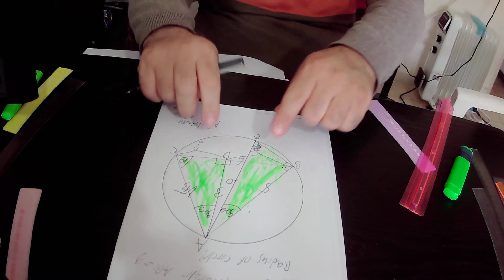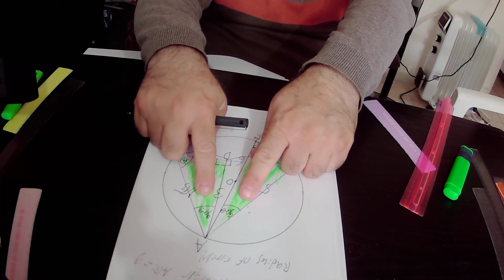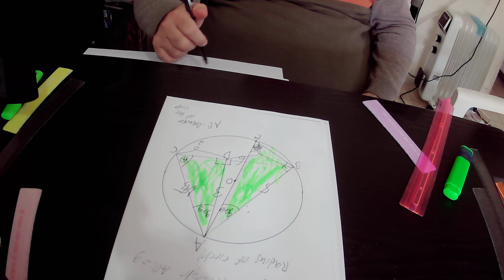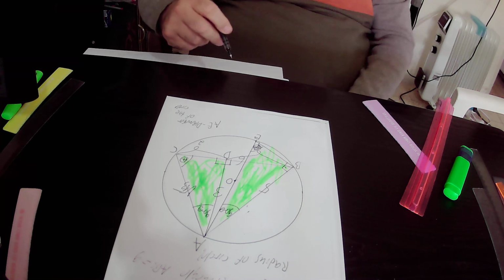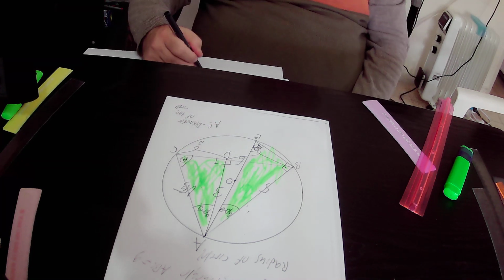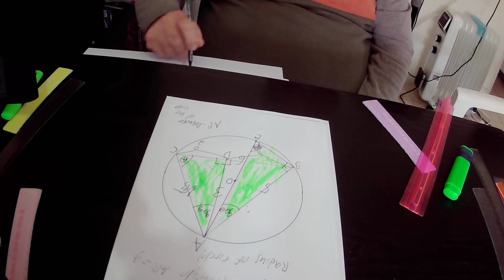And those two angles are both equal to 90 degrees minus theta, therefore they are equal to each other. So angle BAE is equal to angle DAC, and they are both equal to 90 degrees minus theta.